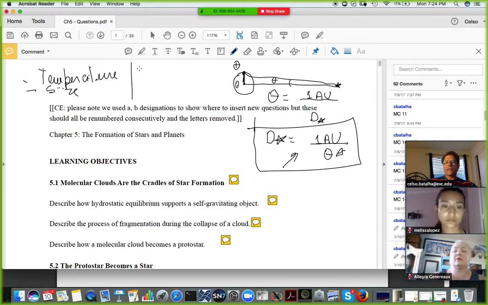So in a sense, hot stars and big stars tend to be luminous. And cool stars and small stars tend to be, as we call, subluminous.